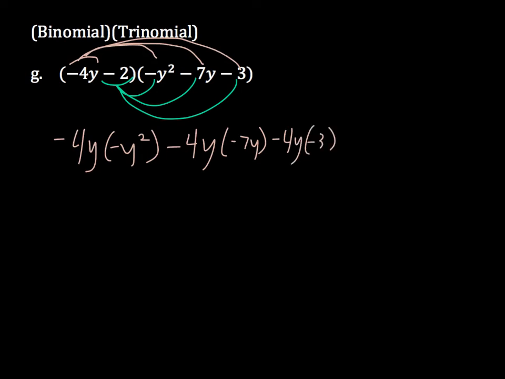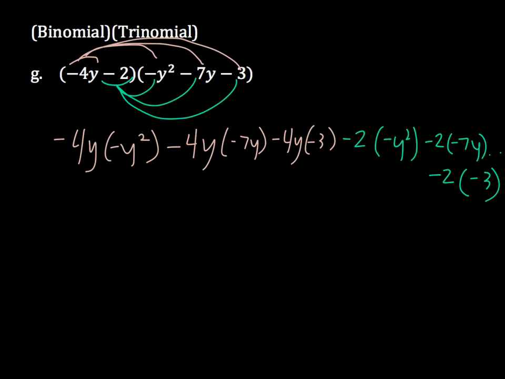Then I'm going to have negative 2 times negative y squared, minus 2 times negative 7y, minus 2 times negative 3. I ran out of space, sorry.